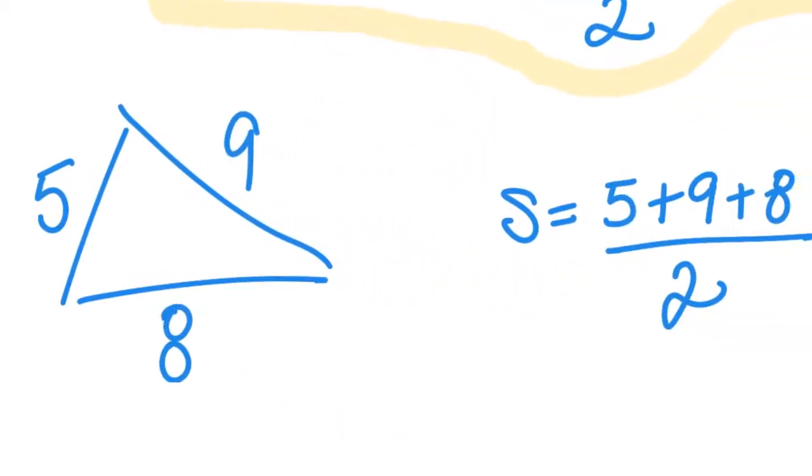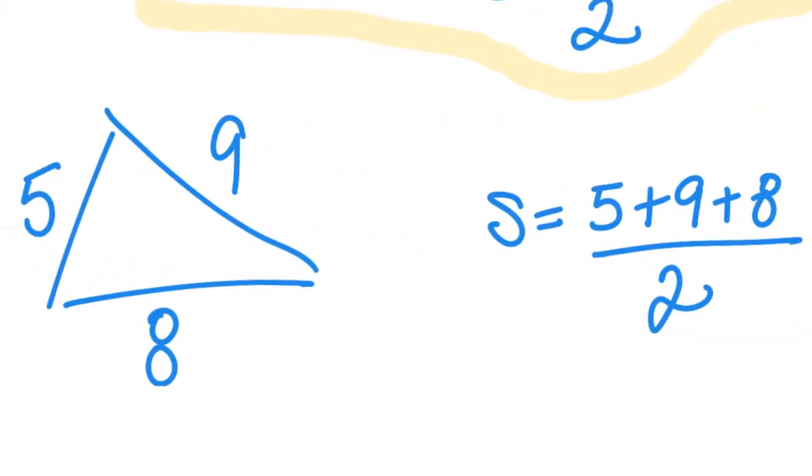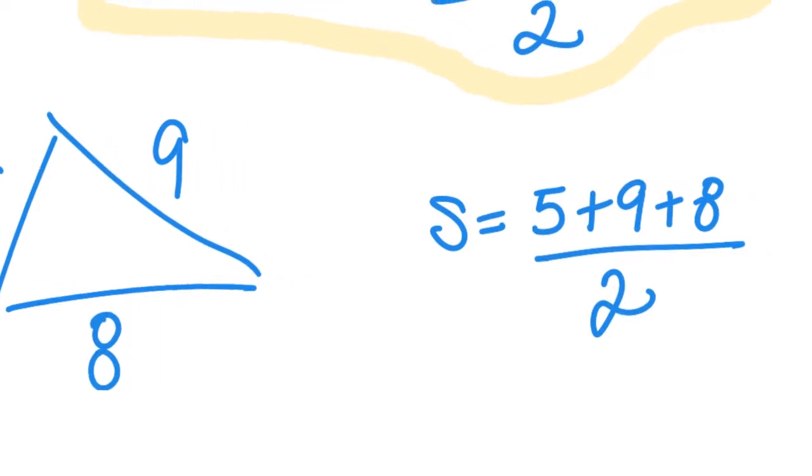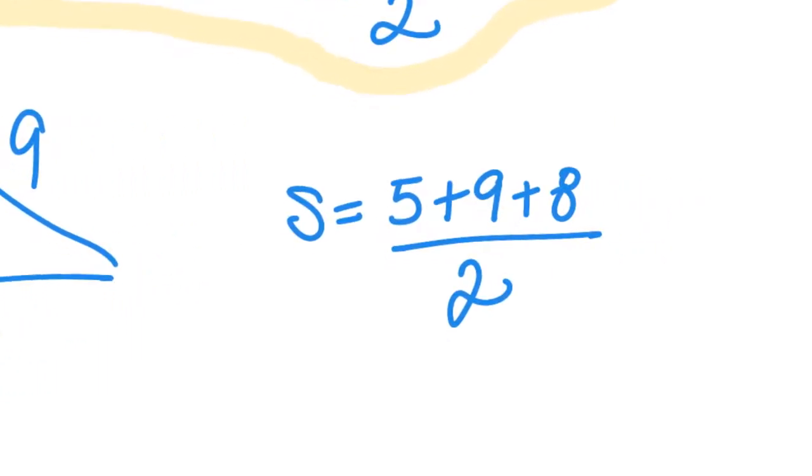So the first thing that we have to do is find s. S is equal to 5 plus 9 plus 8 divided by 2. When I add those up together, well, 5 plus 9 is 14 plus 8 is 22 over 2. My s is 11.